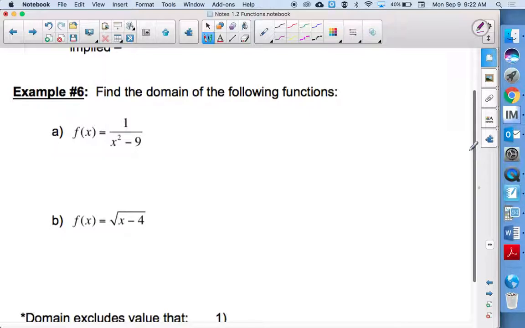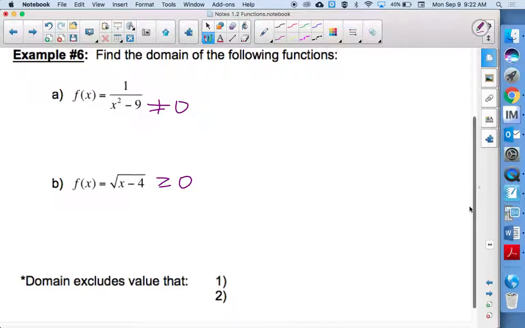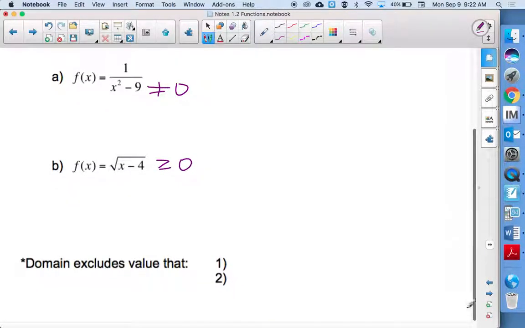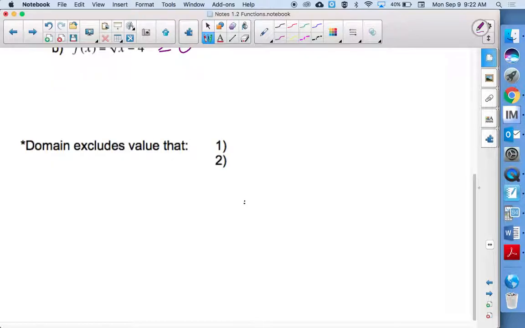In finding the domain, there are really 2 things algebraically that we're going to talk about. The first is that the denominator cannot equal 0. The second is that when you have a square root, the value under the square root must be greater than or equal to 0. Those are pretty much the only restrictions on domain. So underneath, it says domain excludes values that, and there are just 2 exclusions. Everything else works.